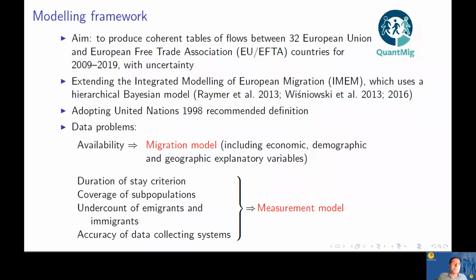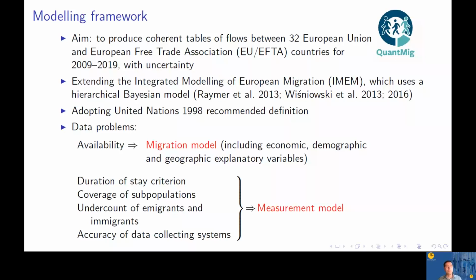So as we said, sometimes we have no data for a particular flow. And for that, we're going to use a migration model, which relates migration flows to economic, demographic, and geographical explanatory variables. To handle the other inconsistencies in the data, such as the duration of stay, we're going to use a measurement model. So, for example, we're going to try and adjust the measurements so that they correspond to the correct duration of stay.